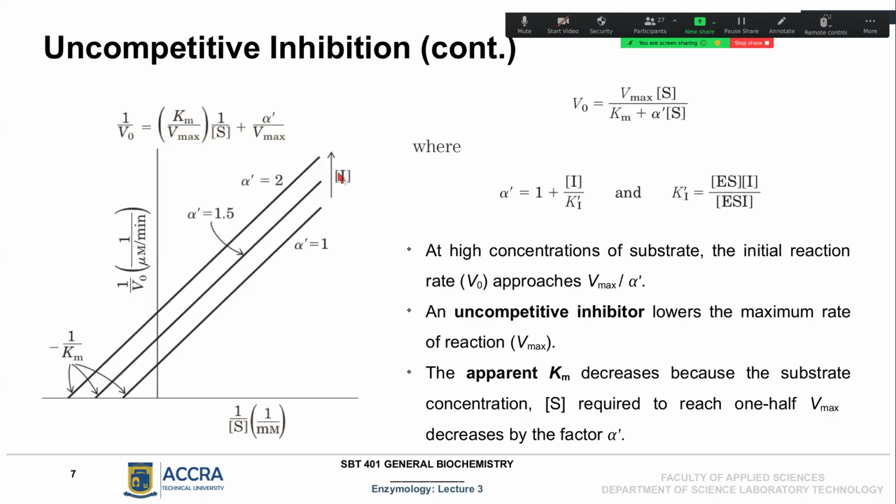And if the maximum rate of the reaction is reduced, then the amount of substrate that you add in that reaction mixture in order to attain that decreased maximum rate of reaction will also be decreased, meaning that the amount of substrate that you need to add in order to attain half of the maximum rate of reaction, which is the apparent Michaelis-Menten constant, will also be decreased. So this really is logical.